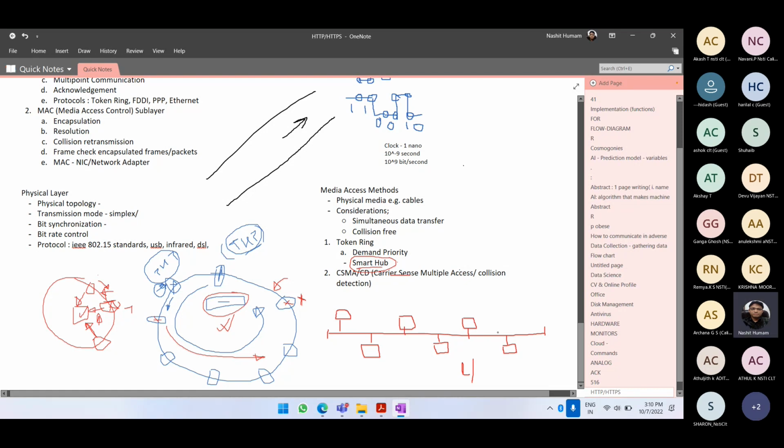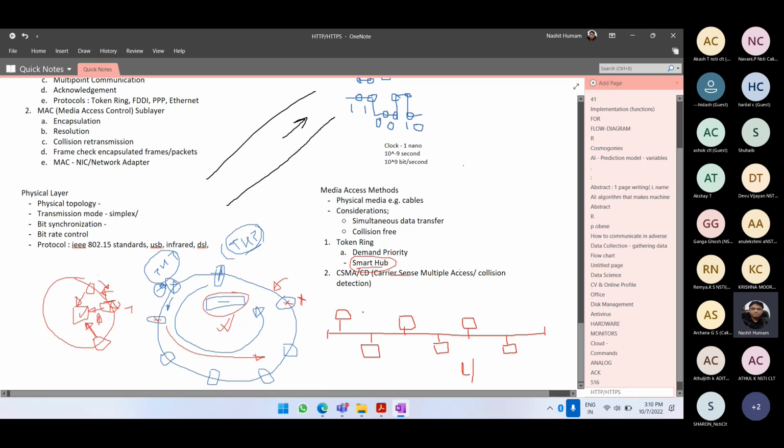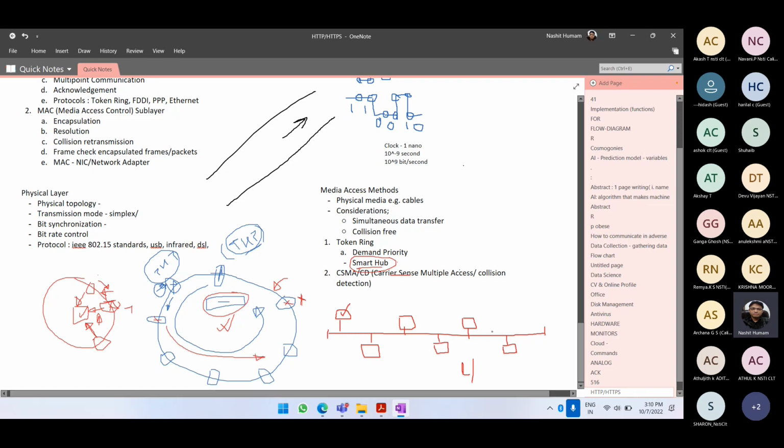So it will receive either of two kinds of signals. One, the signal reaches the end, travels back, and it receives the signal back. That means the complete path is free and there is nothing to worry about, so you can transmit your data.